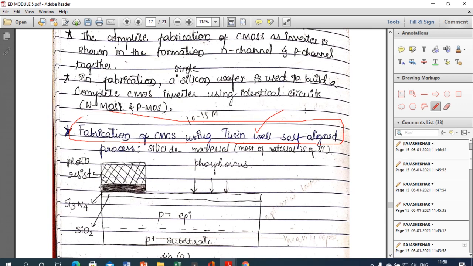On Thursday's class I am going to complete the fabrication of CMOS using twin well self-aligned process. After that I will give you the assignment questions of modules 3, 4 and 5. Take 15 days time and write the assignments in the white sheets, or in any other sheets which you are comfortable with.